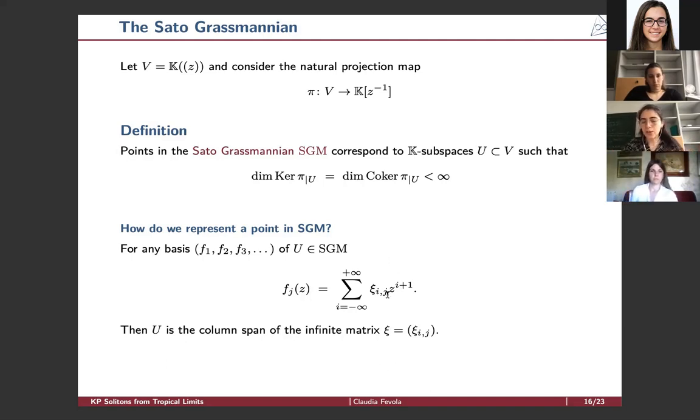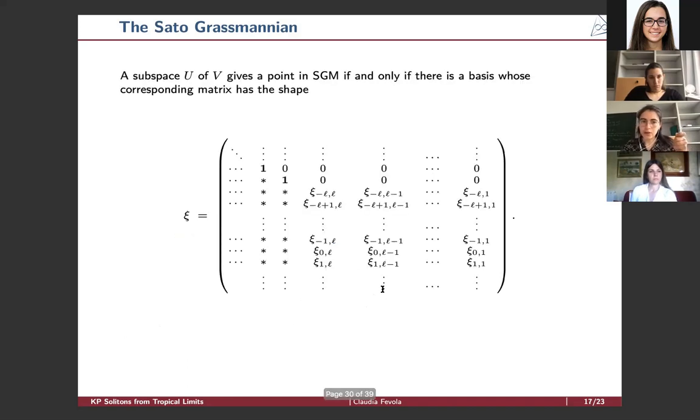We shift all the coefficients by 1, and we take the coefficients in this Laurent series to be the columns in our matrix. So this is, for example, what a matrix corresponding to a point in the Sato Grassmannian looks like.